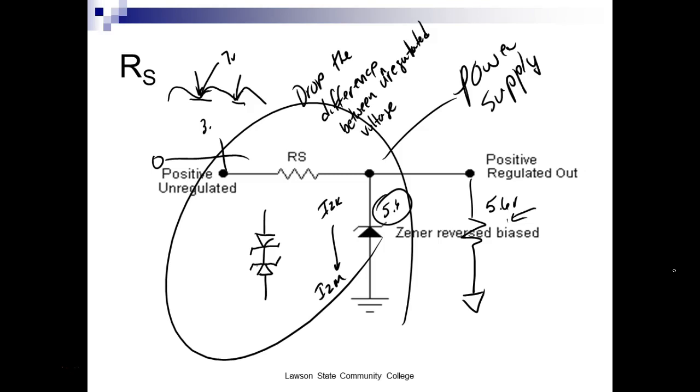So if I choose a resistor that's too big, it's going to drop too much voltage. The Zener doesn't have 5.6 volts over there anymore, and it goes out of regulation. If I choose a resistor that's too small, we go above IZ max, and it'll do what? It'll burn up. So we got to choose that resistor carefully, and we're going to use Ohm's law. We're just going to figure out what R is equal to: V over I. All we got to do is figure out what V I'm going to use and what I I'm going to use. Are we okay?